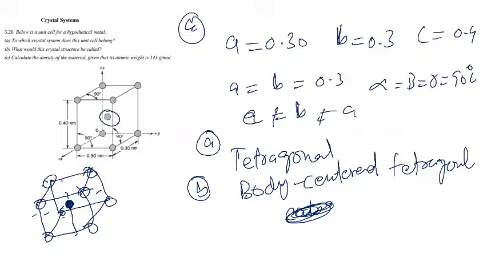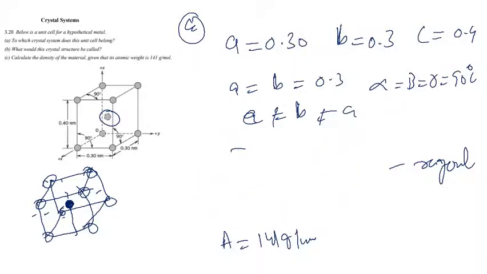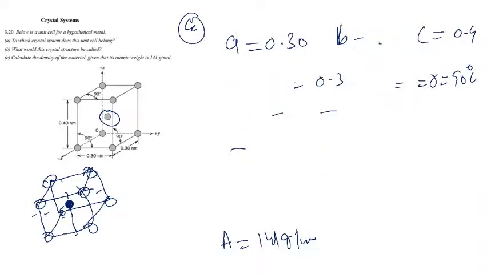Now in the next step, we calculate the material density if the atomic weight is 141 gram per mole. So A is given to us, it is 141 gram per mole. We will use the simple formula for the density of the material.